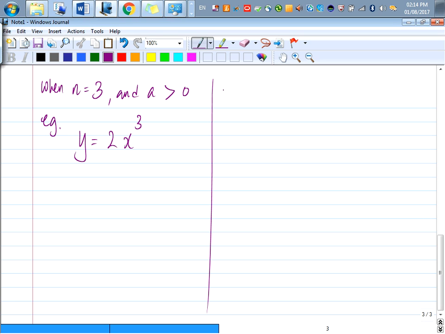Then on the other side, when n equals 3 and a smaller than 0, example, y equals negative 4x to the power of 3. Okay, copy these two down. Because this is the last case that we're going to be talking about. We have learned power 0, power 1, power 2. Now we are going to finish it up with power 3.